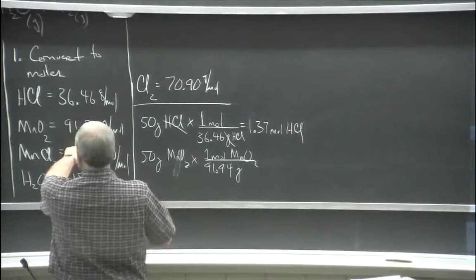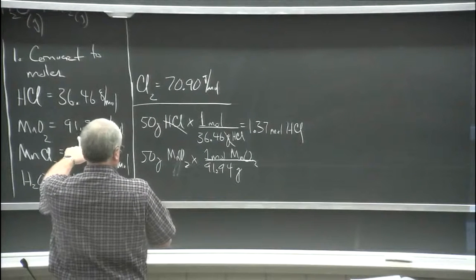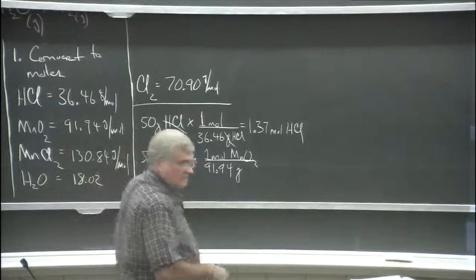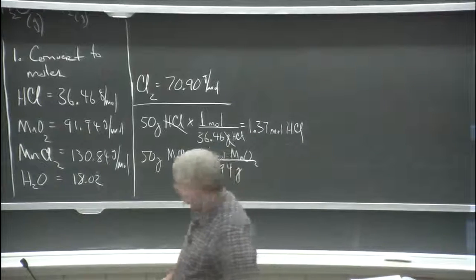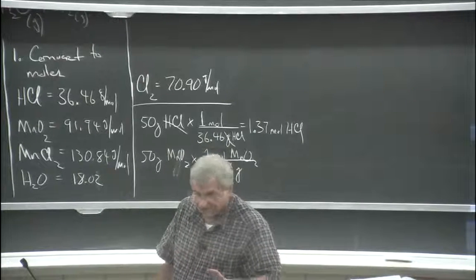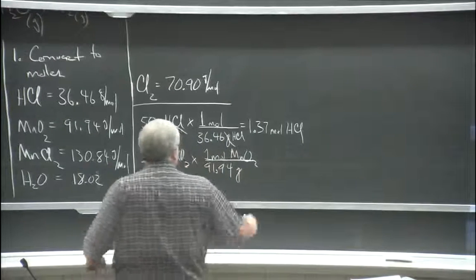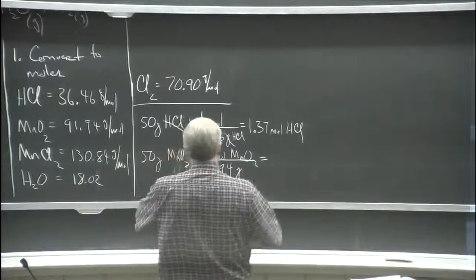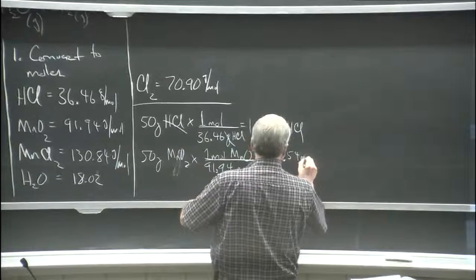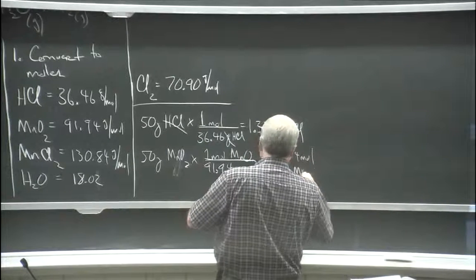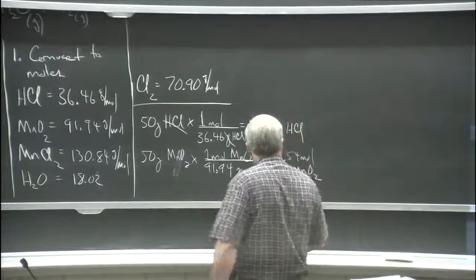Manganese 4 oxide is 91.94? Yes, thank you. Okay. All right, and what's our answer here? 0.54 moles of manganese 4 oxide.